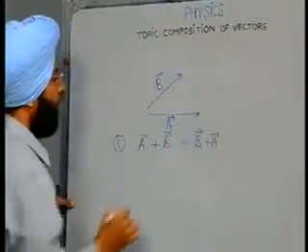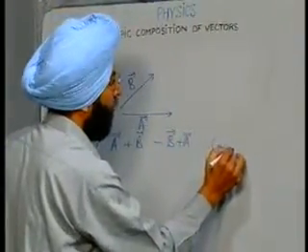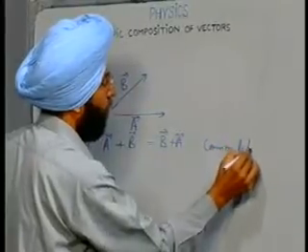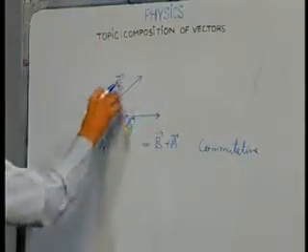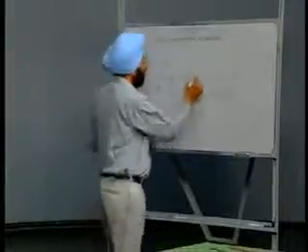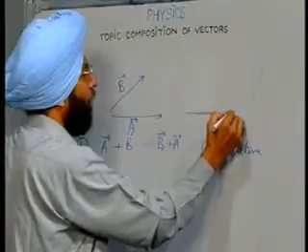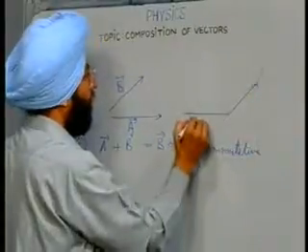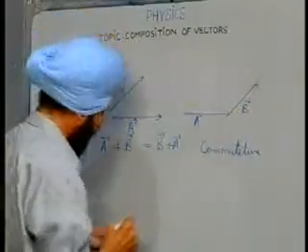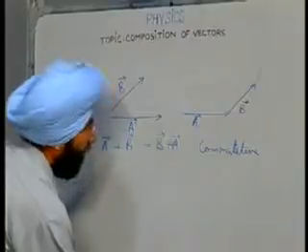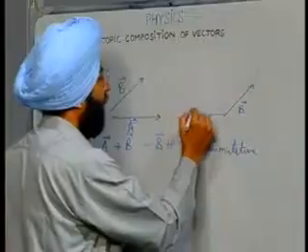If A plus B is equal to B plus A, we call the vector addition to be commutative. So, now we use the triangle law of vector addition. The resultant is given by the third side of the triangle taken in the opposite order.